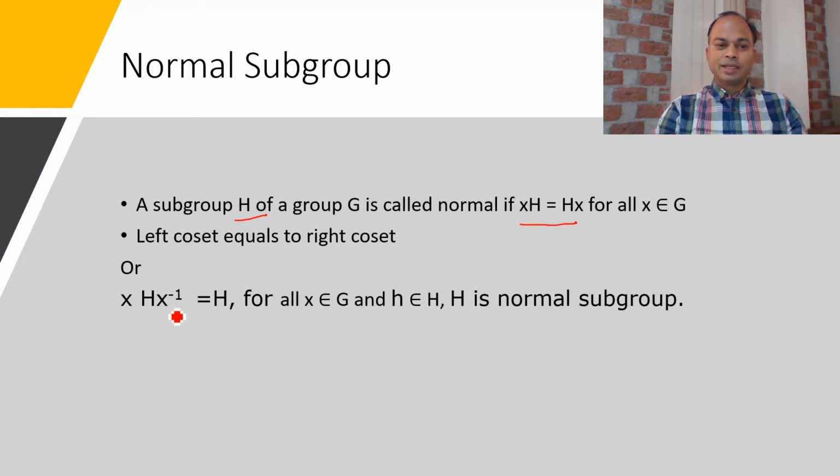If we multiply by x and we also multiply x inverse, then x inverse x is identity, and identity multiplied by xh, we will get xh. I mean this is the left coset, and h multiplied by x gives hx. Further, left coset equals right coset, therefore H is a normal subgroup.